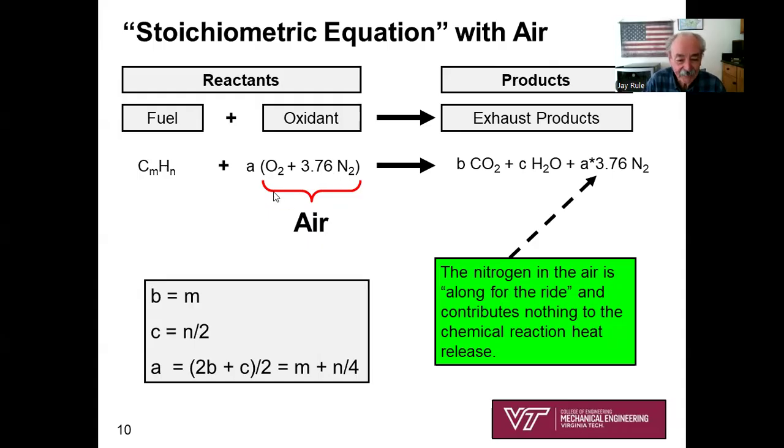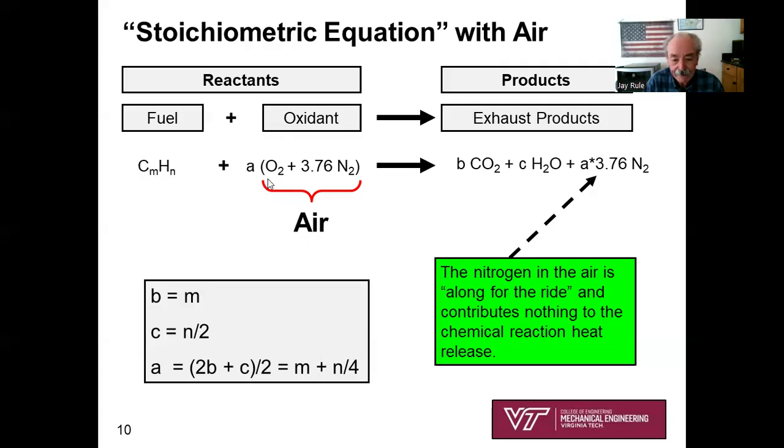And so I've still got my A, B, and C from before. I just recognize it so you can just sort of look with your eyes what's changed with our stoichiometric equation burning air. All I've done is I put a parentheses around the O2 moles with 3.76 nitrogens for each mole of oxygen.